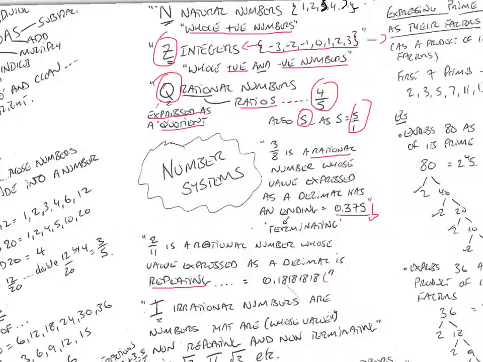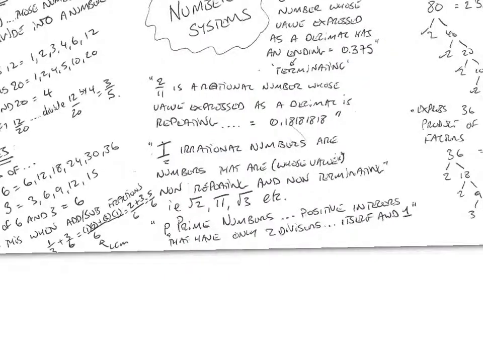Actually, it doesn't terminate at all. It just keeps going on 181818 forever. But it's still a rational number. In this case 3/8 terminates, this repeats. Both are rational numbers.